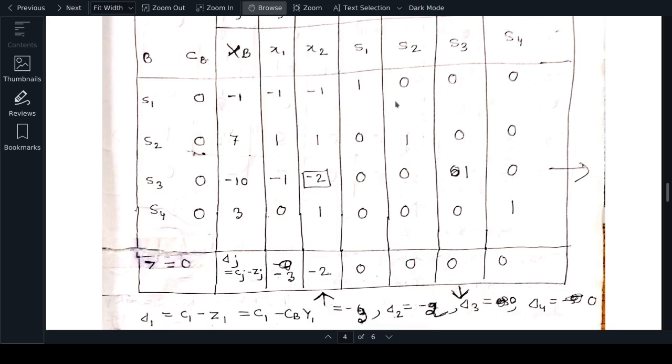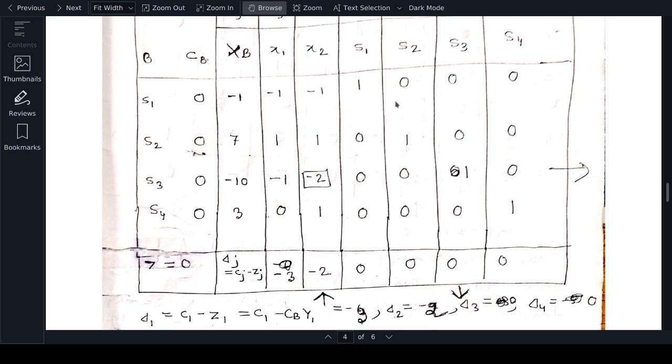Again, when we selected the key column, we calculated the ratio as 1 and -1, and we chose x2 because the ratio was 1.